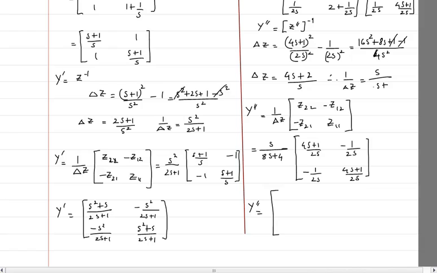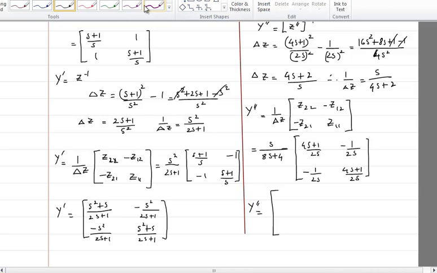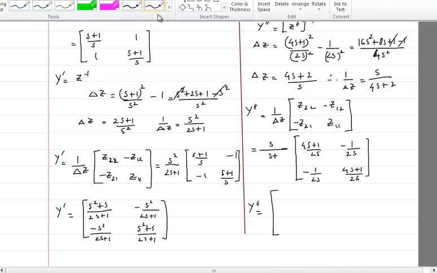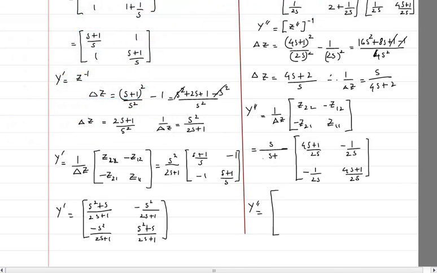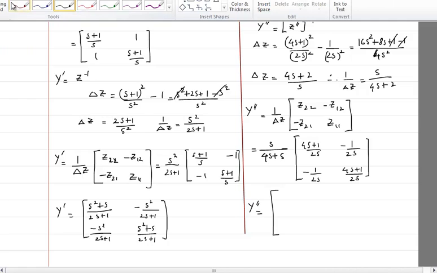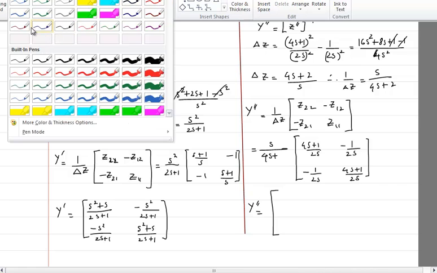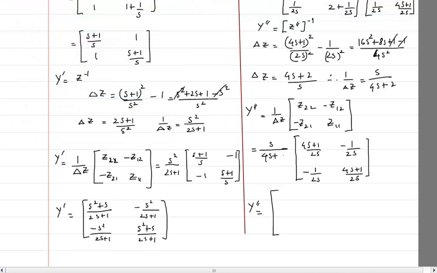Sorry, this is also going to be 4s plus 2. So here I have to also correct that. I'm sorry for the mistake. This is going to be 4s plus 2.